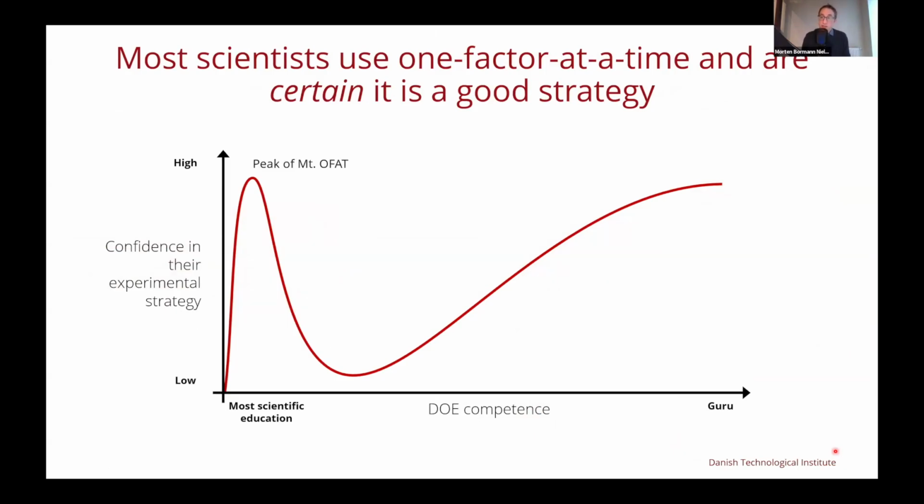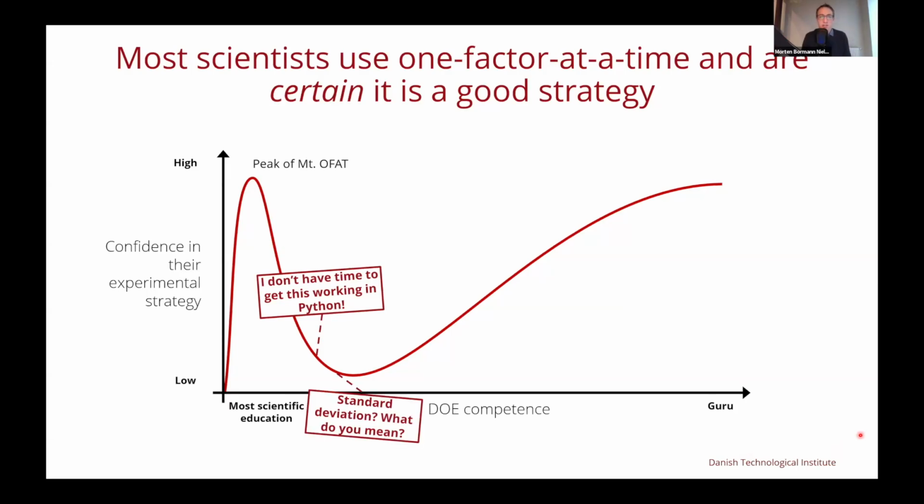So most scientists, and I have a PhD in chemistry, when I left university, I lived up here as well, live at the top of Mount one factor at a time, where they're very confident that what they're doing is the right way of experimenting. And if you ask them to begin working with Bayesian optimization, then maybe it's a little bit difficult for them to get anything working in Python.